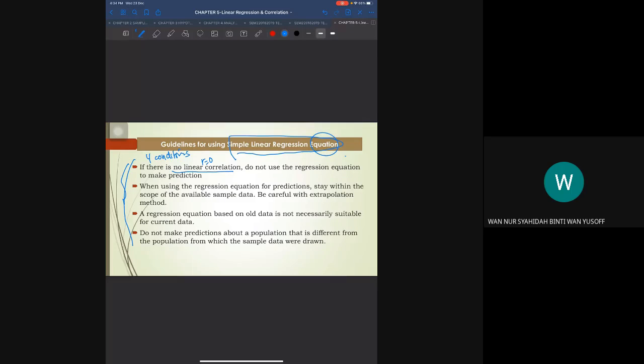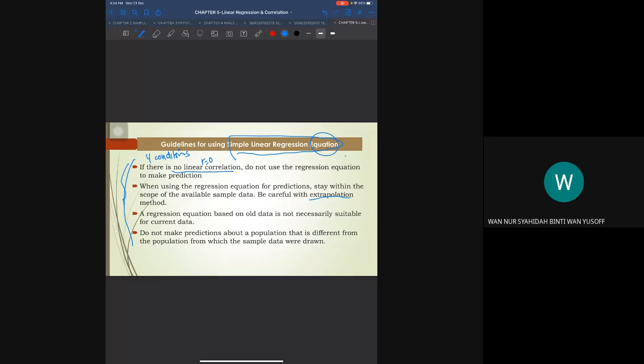If it is your own research, what you can do is discard that variable and replace it with another variable. When using the regression equation for prediction, stay within the scope of the available sample data. Be careful with the extrapolation method that I just mentioned.